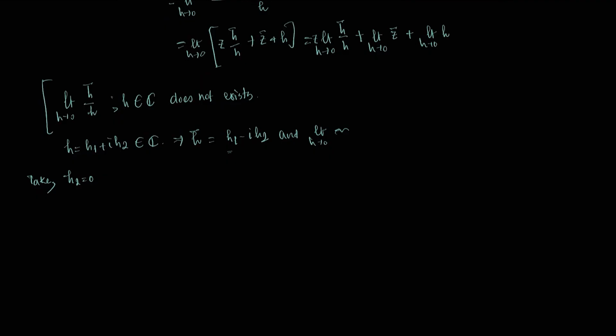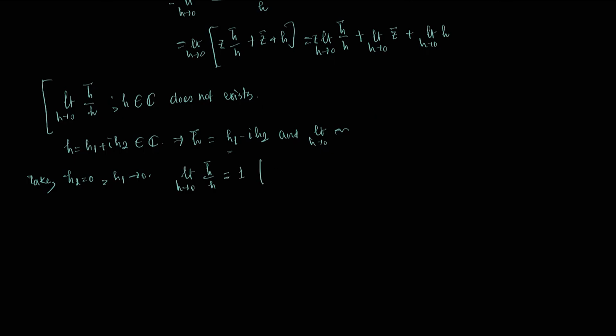So limit h tends to 0. Basically, let's say h2 equals 0. I am taking the path h2 equals 0 and I am pushing h1 towards 0. So in that path, this particular limit h tends to 0, h bar by h, is always going to be 1.